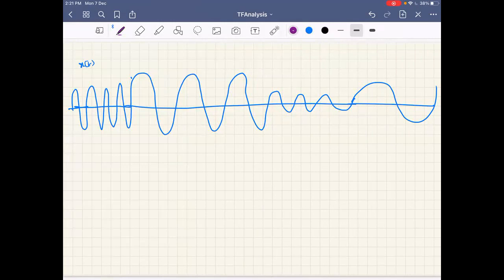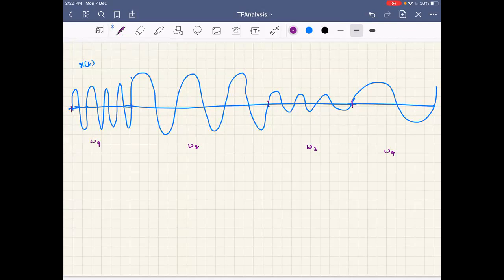Assume that it has frequency omega 1 during the first duration, and then omega 2 during another duration of time, and omega 3 during another duration, and omega 4 during the rest of the duration. So it essentially encompasses 4 dominant and different frequencies, but in 4 different durations.